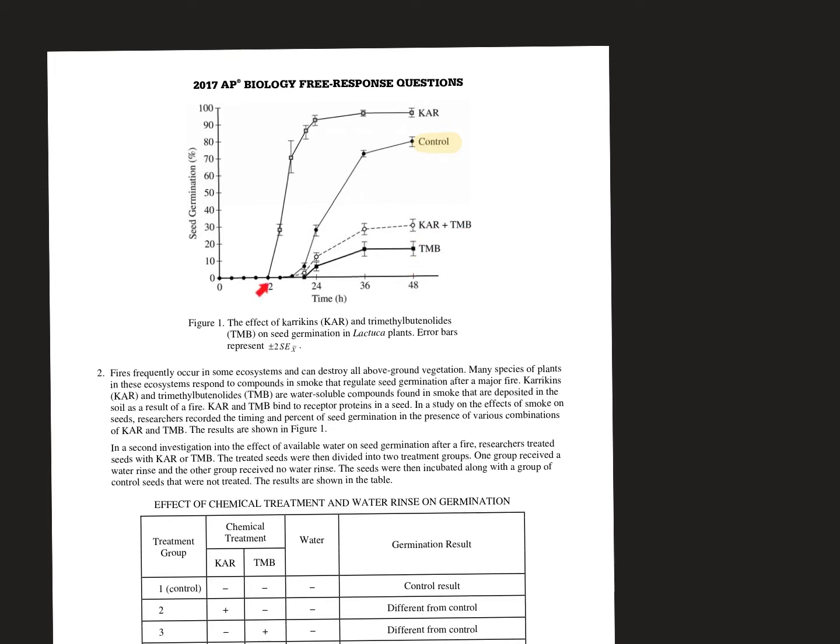I see that this slope with just the carrageenans, the control group, which has probably neither. I haven't read the experiment yet, but probably neither. You see that they start to germinate after what looks to be 15, maybe even 16 hours, and they have a pretty steady slope, faster than these two, slower than this one.